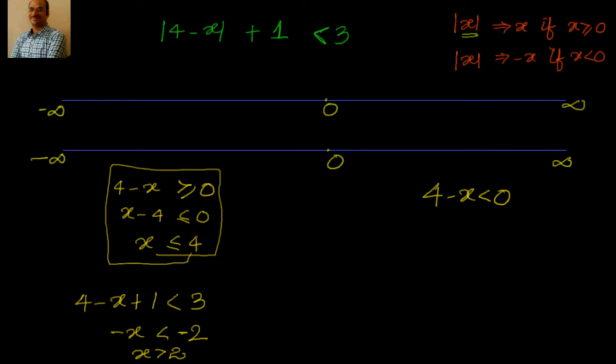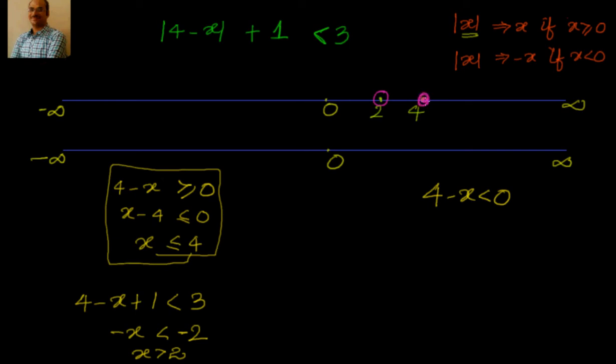So how does it look? Let's draw it. Let us say this is 2 and this is 4. X greater than 2 and less than or equal to 4.